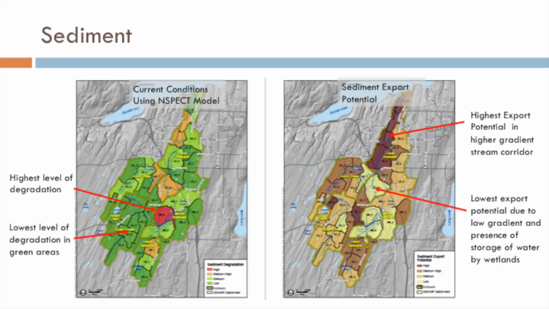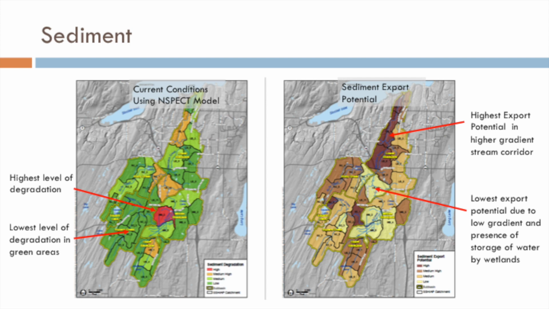We're using soil factors such as the K factor, slope and gradient, and cohesiveness of soil. The dark brown is very high export potential, whereas the lighter color means that you have lower export potential, and intermediate tan colors, less so.